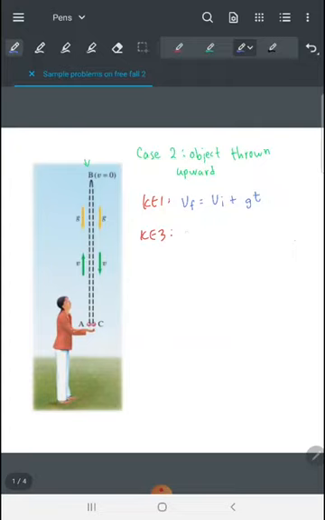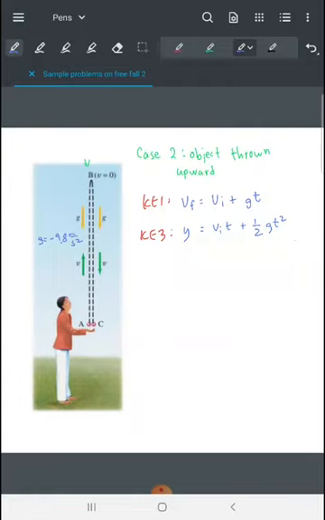And then KE number 2 is Y equals VIT plus 1/2 GT squared. Remember, G is negative 9.8 meter per second squared. Hindi yan nakadepende. Hindi ibig sabihin upwards yung motion, positive siya. Okay? I think I explained that a while ago.